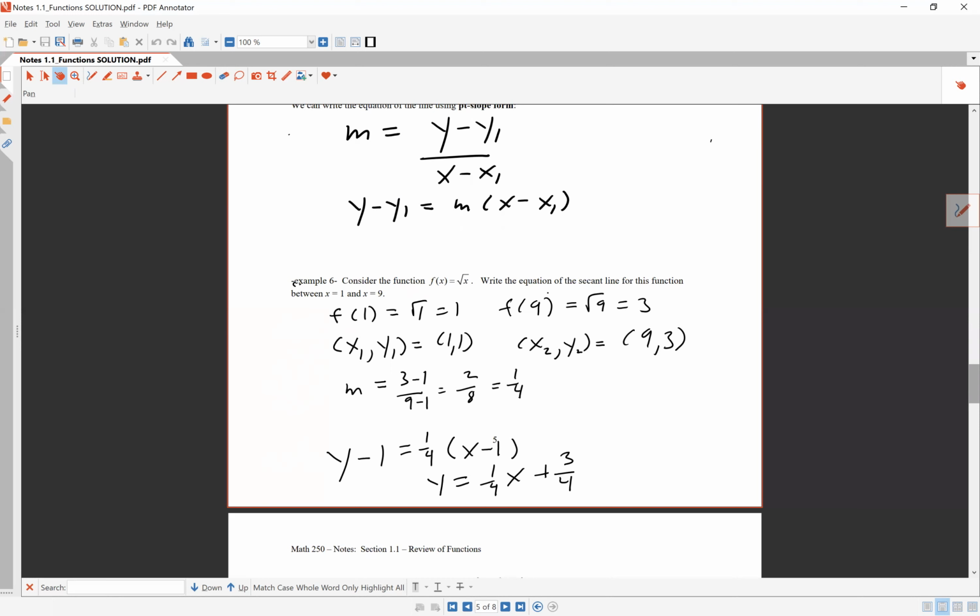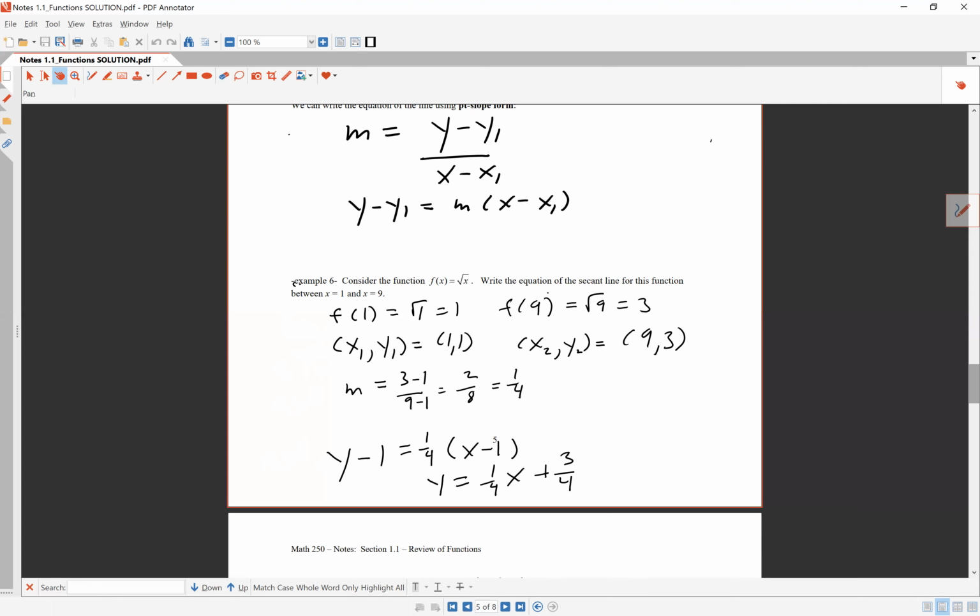And now we're going to find an equation of the line that goes through 1 comma 1 and 9 comma 3. So let's just take the difference, rise over run. So 3 minus 1 divided by 9 minus 1. So you get 2/8 or 1/4. And so I just plugged those numbers in. It doesn't matter which of those ordered pairs you use in the equation of the line, it'll come out the same answer.